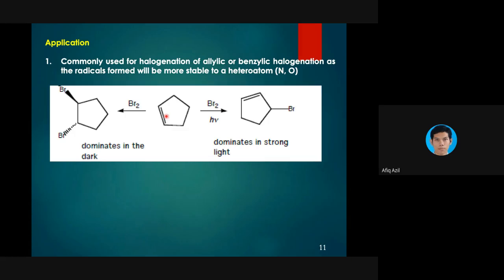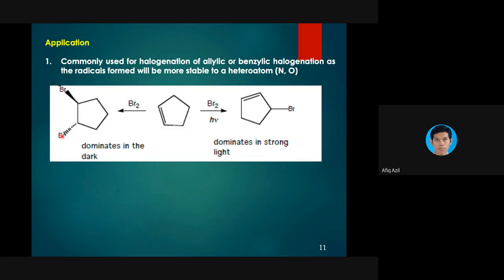If you look at this example over here, we have cyclopentene, a cyclic structure with a double bond. And on this side, if you subject it to bromine without the presence of UV light, meaning you do this reaction in the dark, no light whatsoever, then you are going to end up with this product.